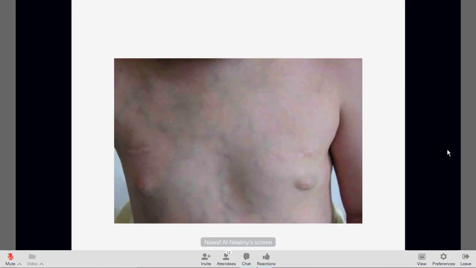You can read it as the term SVC, SVC syndrome of obstruction. Here, in this case, you will not just see dilated veins over the chest. You will also see that the neck veins are distended, that the patient's face is congested, and the conjunctiva are congested also.